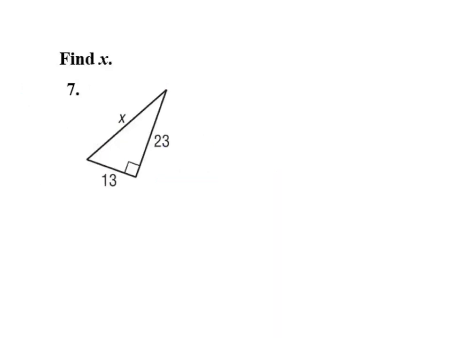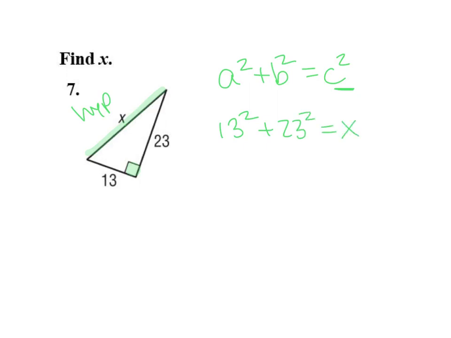On question 7, we're asked to find the value of x. And so we see that we have a right triangle. Across the way is our hypotenuse. Since the hypotenuse is representing our value x, we know a squared plus b squared equals c squared. Our c squared is x. So 13 squared plus 23 squared equals our x squared.